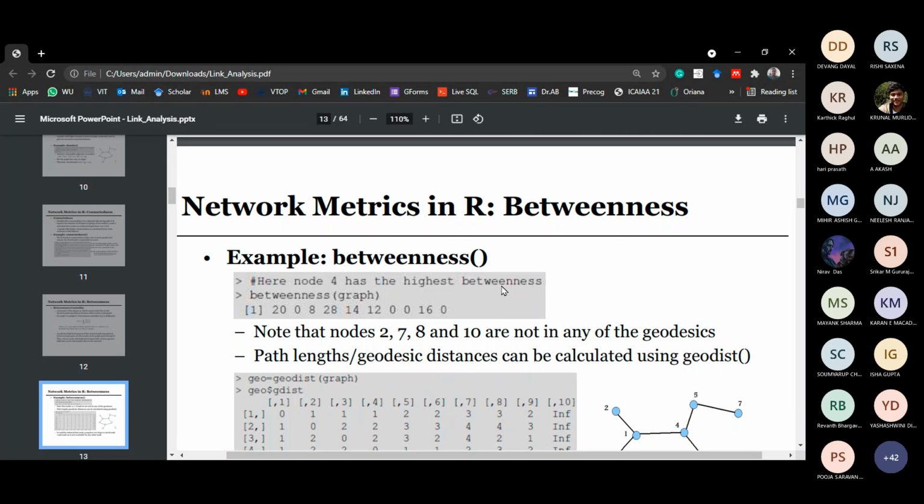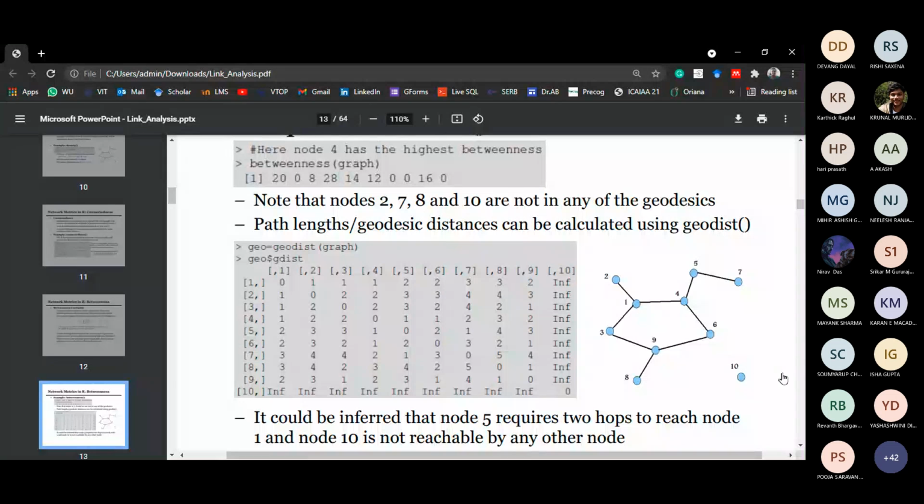So when we look into this example, we have to consider any node, and for the given node, you find out all the paths that exist to reach node A to node B.